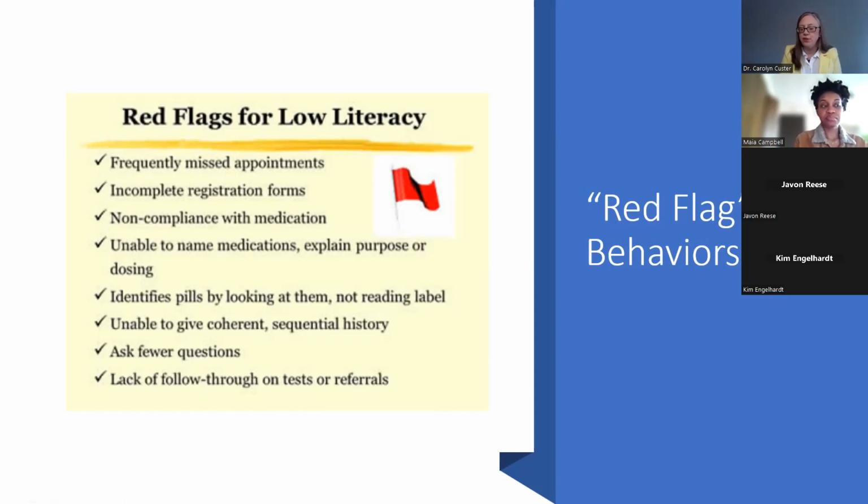The person you're talking to at the appointment is just nodding, right? Or maybe not asking questions at all. This goes along with that sense of shame that we talked about earlier. It can be hard for people to admit that they might have a problem with reading, and that's why we need to take that upon us and make an environment where it's safe and comfortable for people to ask questions.